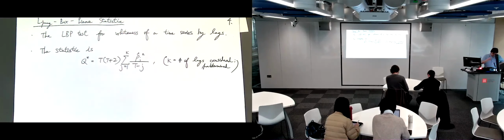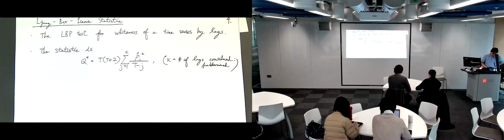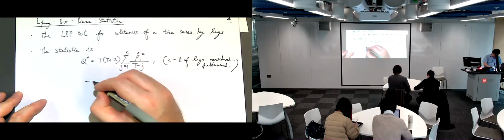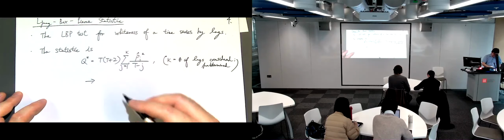If you look back at that Ljung-Box plot, the y-axis is actually the p-value. So how do you get the p-value of these statistics?